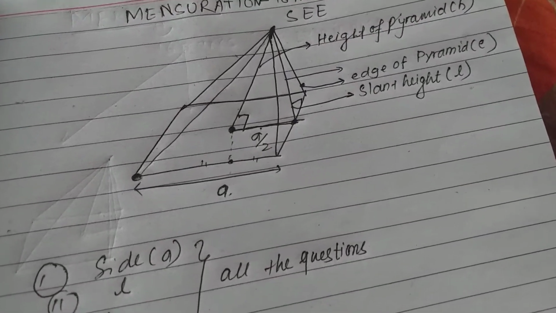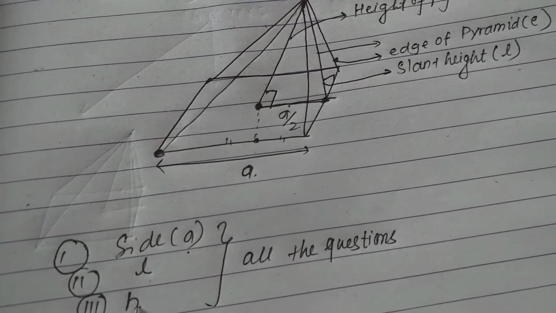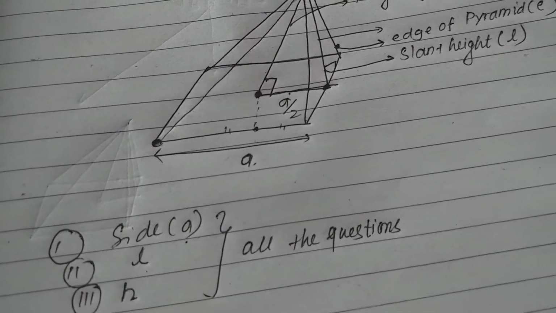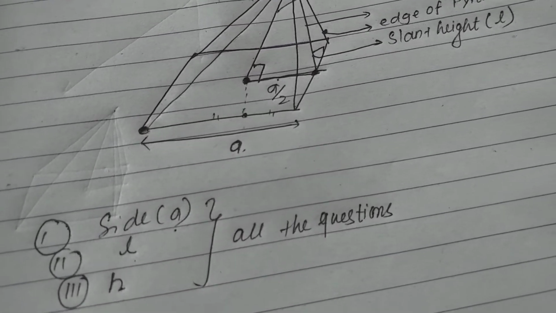But first of all you have to make sure you have found A, L and H. No matter whether it is asked in the question or not, you find these three things first of all.